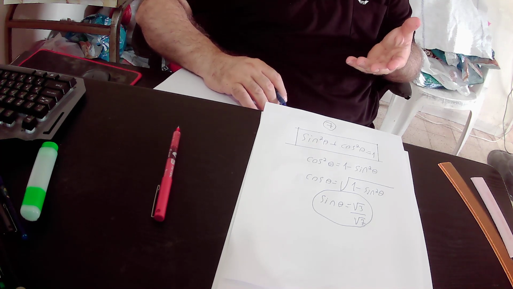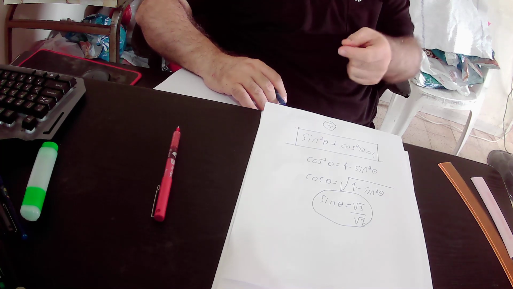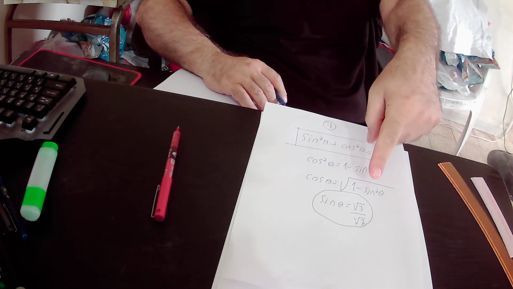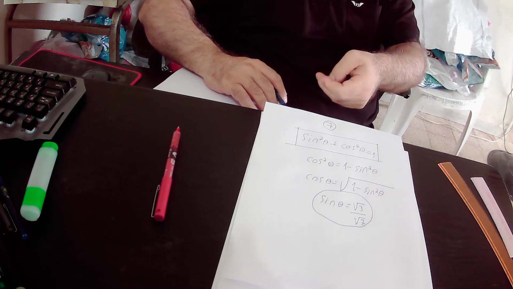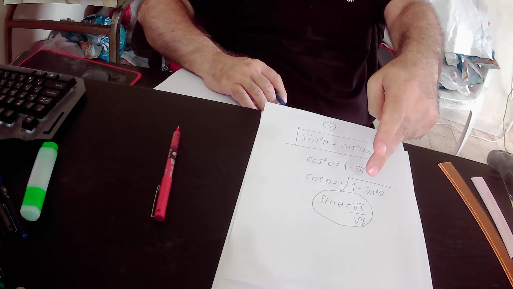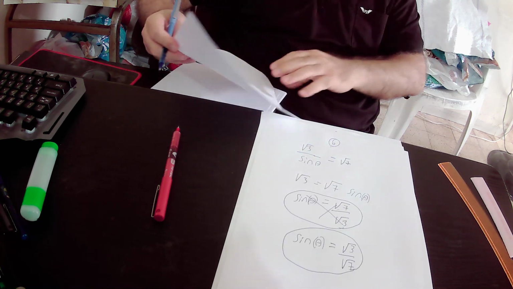So if sine theta equals the root of 3 over root of 7, then the value of sine theta squared will be equal to 3 over 7. I write it down.